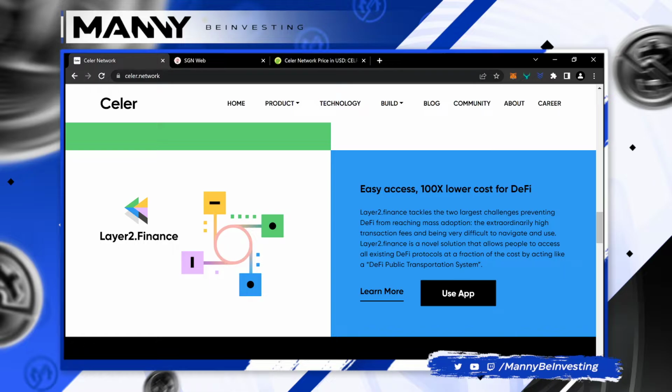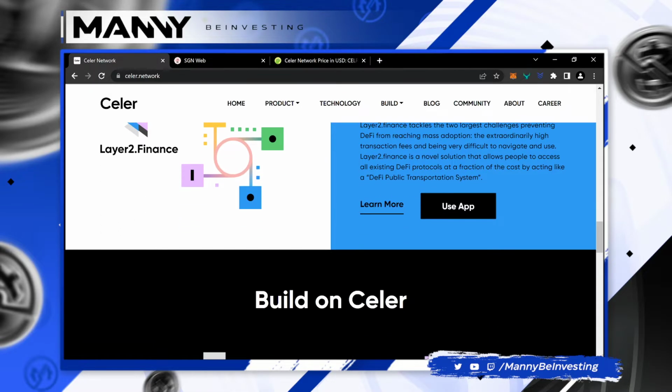Layer2.finance, easy access, 100x lower cost for DeFi. Layer2.finance tackles the two largest challenges preventing DeFi from reaching mass adoption: the extraordinarily high transaction fees and being very difficult to navigate and use. I agree with both of those things. Layer2.finance is a novel solution that allows people to access all existing DeFi protocols at a fraction of the cost by acting like a DeFi public transportation system.